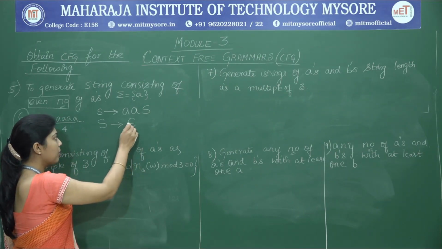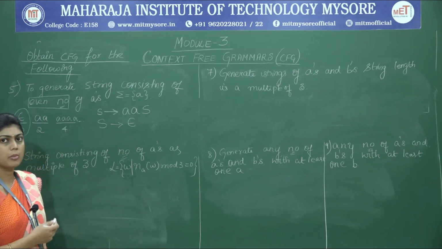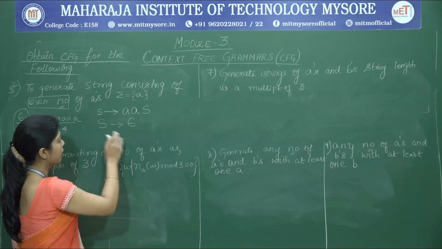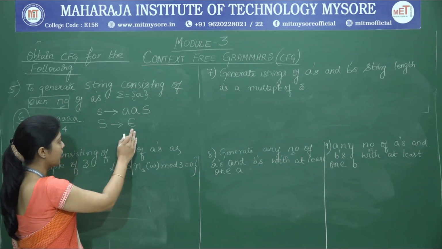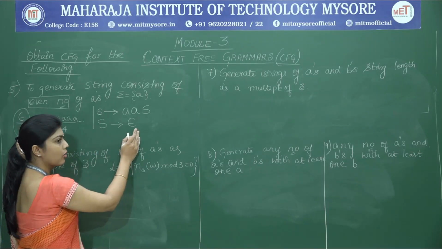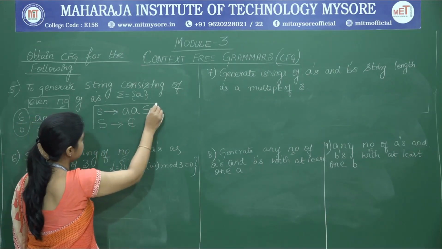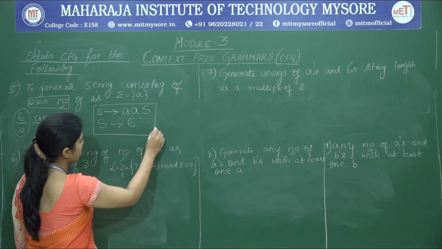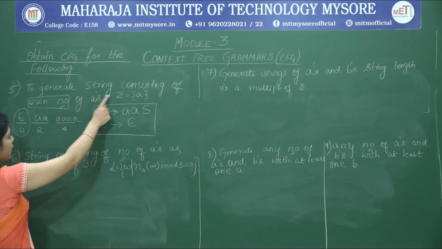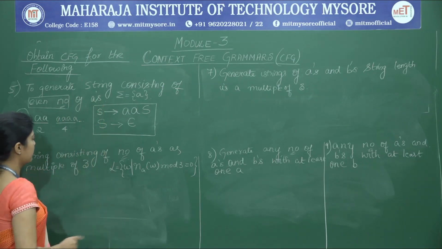In case the minimum number of A's that we require is 0, then we never apply this production at all, and we just go with the first step of the derivation as S goes to epsilon. That will give us 0 A's. So these are the two rules that we generate for a string consisting of an even number of A's.